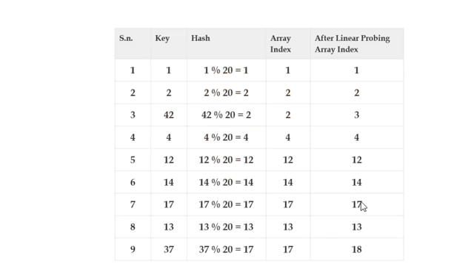So when 17 is inserted, it will be stored at index 17. When 37 comes, it would again go to index 17, but 17 is already occupied, so it checks whether the next location is free. If it is free, then 37 will be stored at index 18.